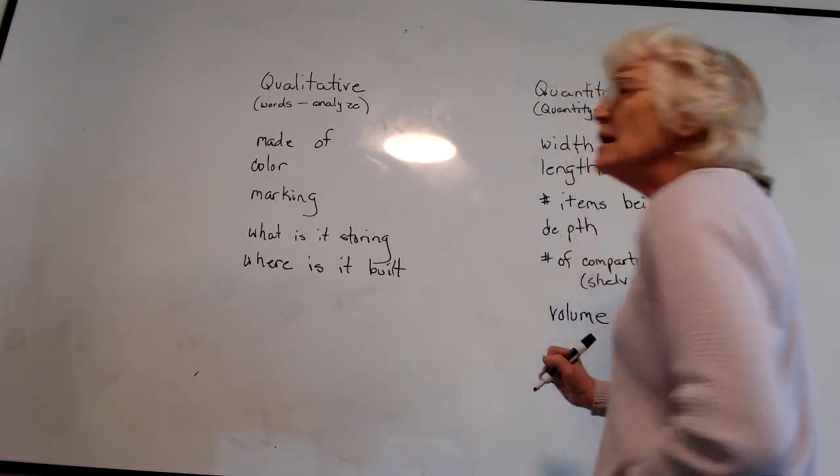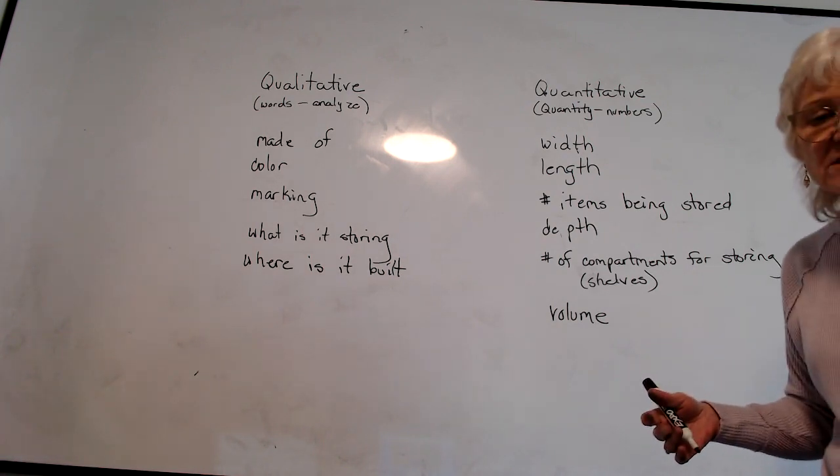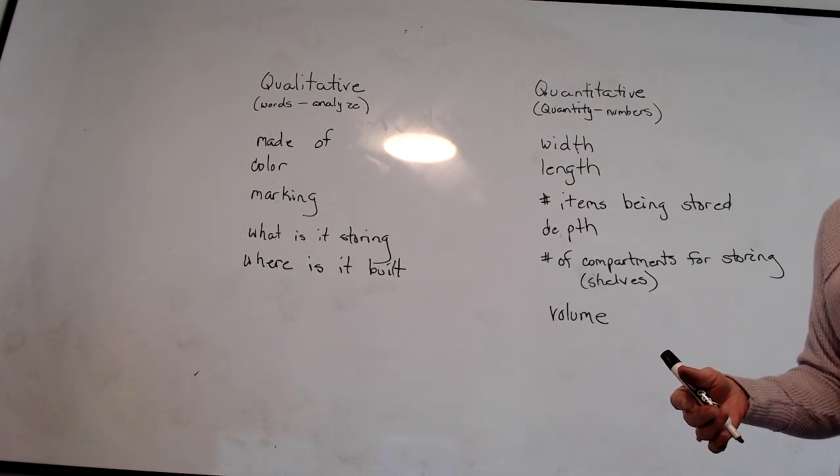It tells us how many square feet. And if you're comparing different bookcases, that may be an important thing, the volume, because if it's more narrow, you might not be able to get as much on there because of the volume. Okay, and so those are things that you would look at. Those are different ways that we can look at it.